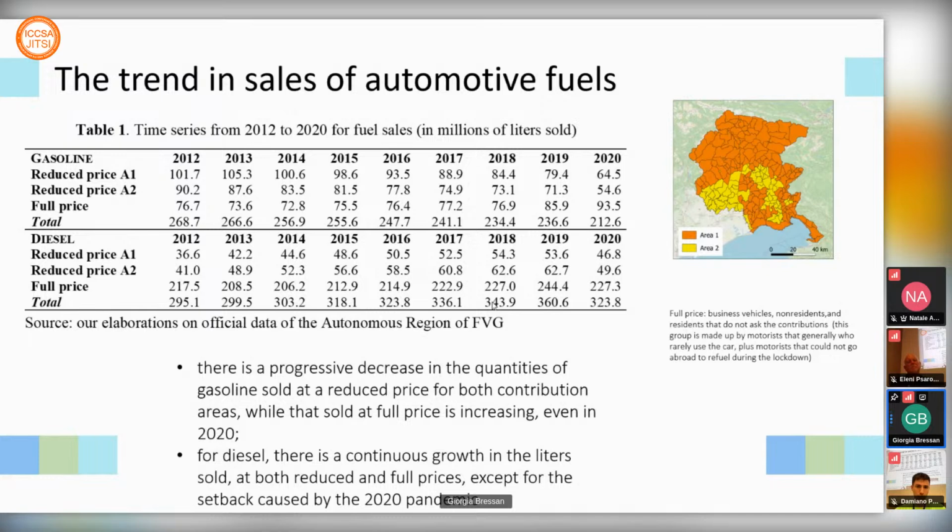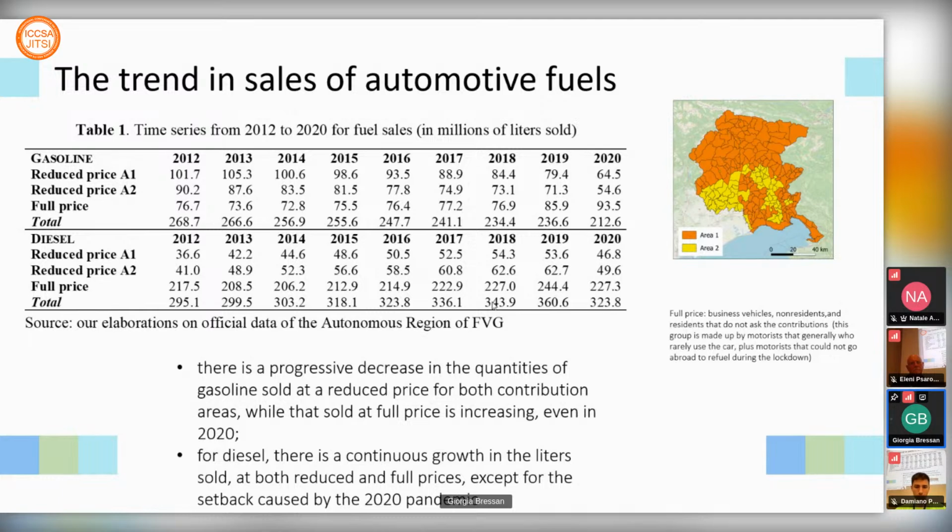As you can see, there is a progressive decrease in the quantities of gasoline sold at reduced price for both contribution areas, so area 1 and area 2, while the full price is increasing even in 2020.